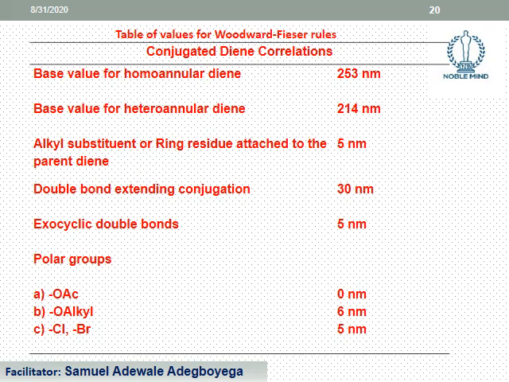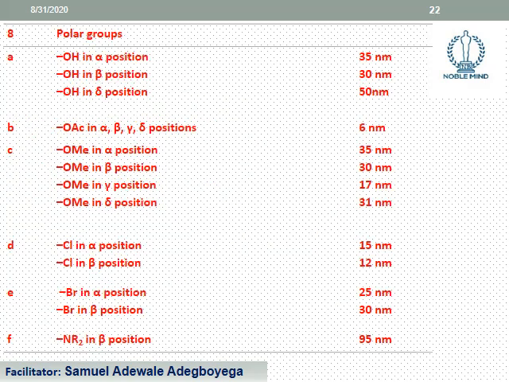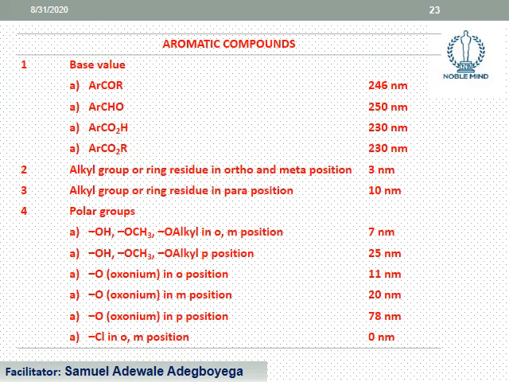I hope as a student of organic chemistry you know what isolated double bonds are. Conjugated double bonds, you know what they are. And we have values for polar groups and so on. The table continues on page 21. On page 22, you also have the continuation of the table.